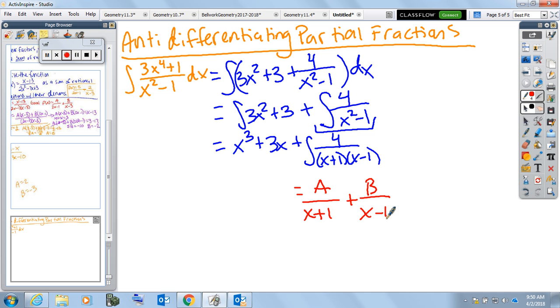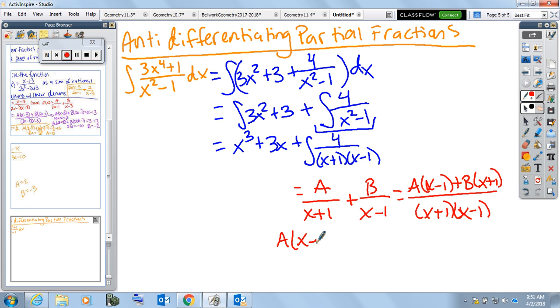And so, just like it was before, A times x minus 1 plus B times x plus 1 over x plus 1 times x minus 1. This gives us the opportunity that the numerator is now equal to the numerator that it was before, 4. And so we can take A times x minus 1 plus B times x plus 1 is equal to 4.